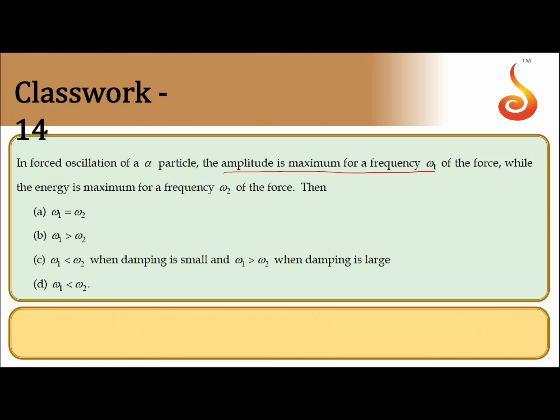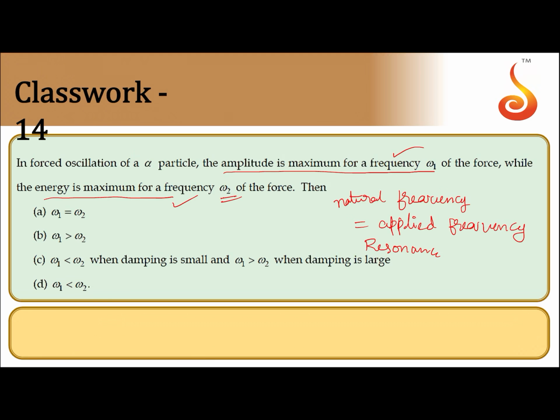When the amplitude is maximum for frequency omega 1, for the same frequency the energy should also be maximum. This happens, the amplitude becoming maximum or energy becoming maximum, when the natural frequency of the oscillator matches the applied frequency of force, and this condition we call resonance.